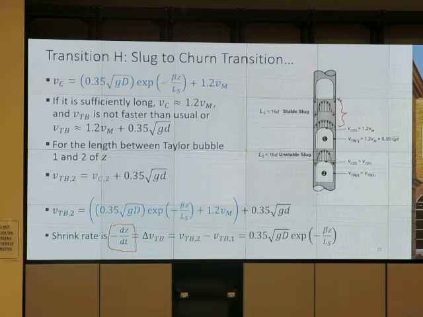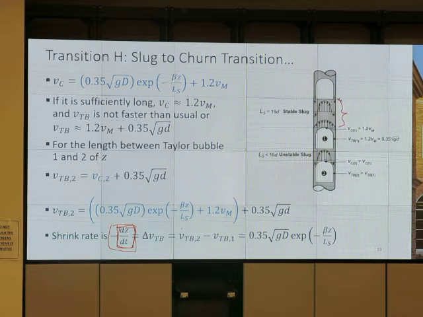So is dz/dt positive or negative? dz/dt itself, not the minus sign, is negative, because z keeps shortening and shortening because bubble 2 moves faster than bubble 1. We put a minus sign over there so that it becomes positive.